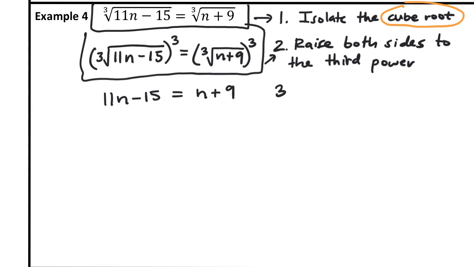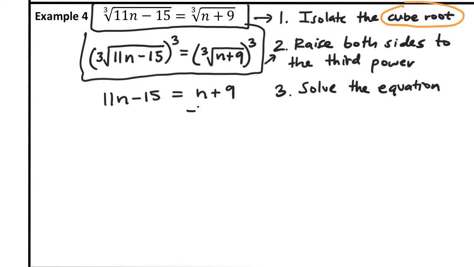So then step 3 just says solve the equation. So to solve, I need to get all the variables on one side and all the numbers on the other. So I can either move the n's to one side, the numbers. It's up to you what you want to move first. I would move the n first.